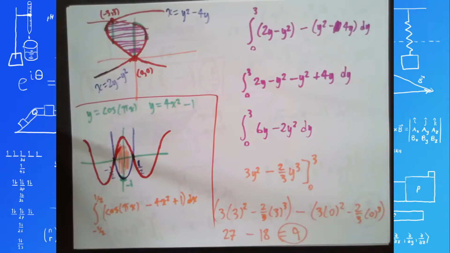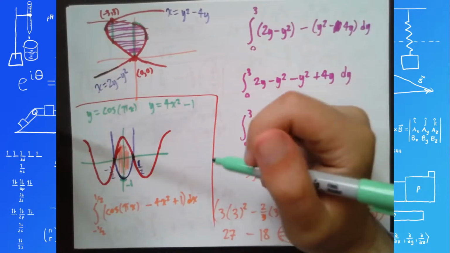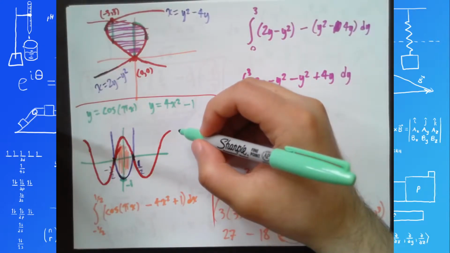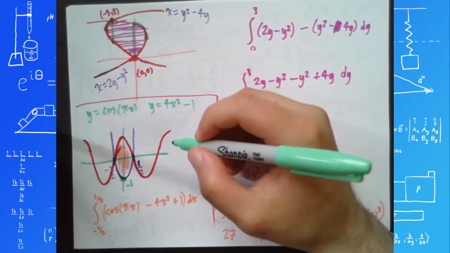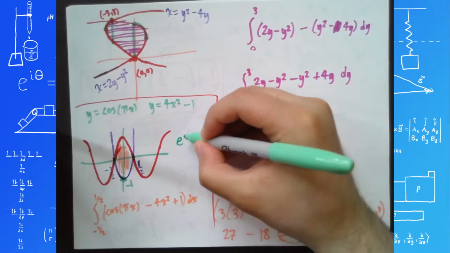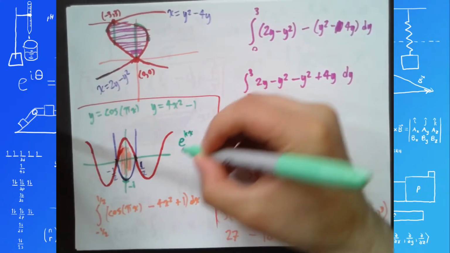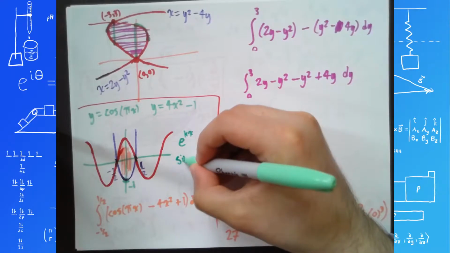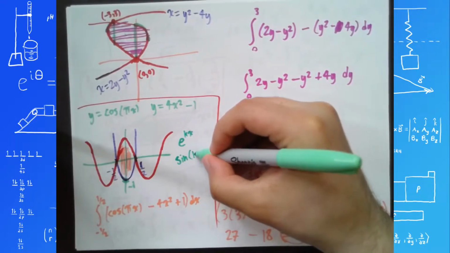I would hope that you don't need to use u substitution to get the integral of cosine pi x, but if you have to, you can do u equals pi x to just solve the integral of cosine pi x on its lonesome. That being said, I would hope that most students watching this have already noticed a pattern in integrating things like e to the k times x, sine or cosine of k times x, where k is a constant, of course.